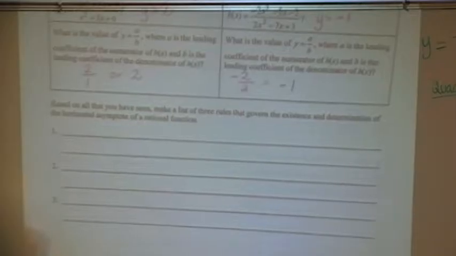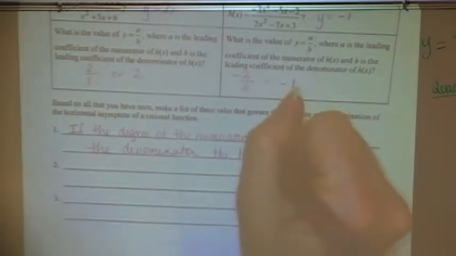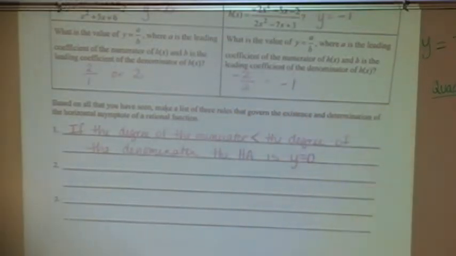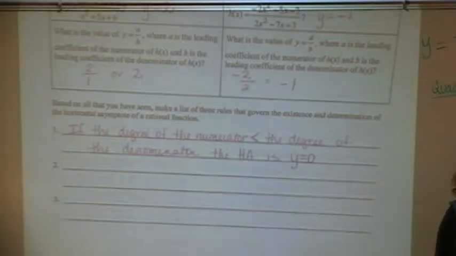Okay, so based on all the information you see, here are the rules. If the degree of the numerator is less than the degree of the denominator, then the horizontal asymptote, HA, I didn't want to write it all out, is y equals 0.